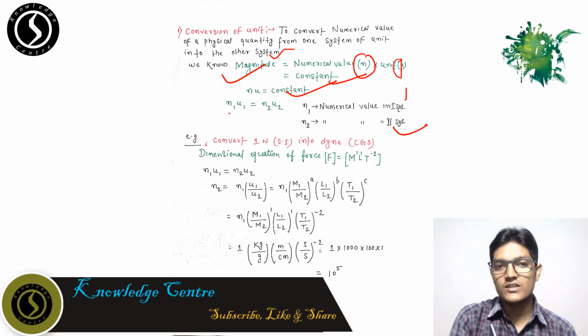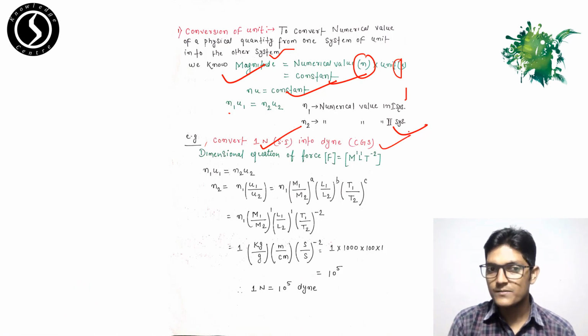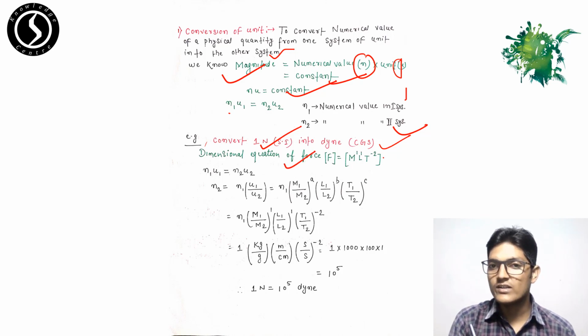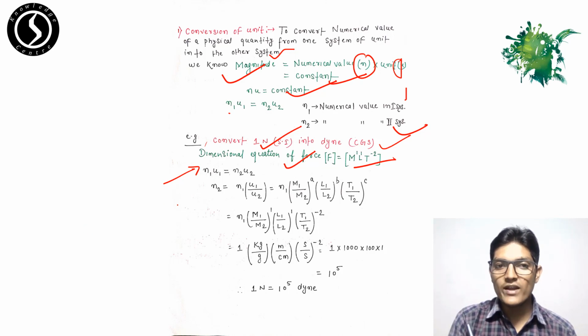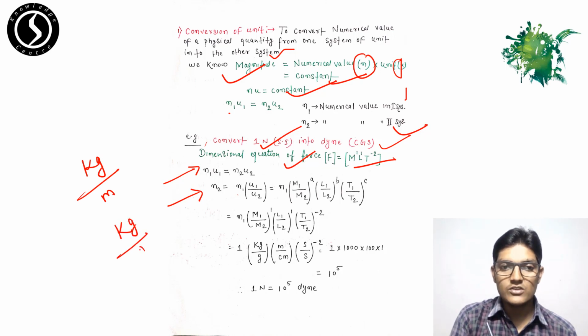So we have one example here. We have to convert 1 Newton into dyne, that is the CGS unit. First of all, we know the dimensional formula of force, that is M^1 L^1 T^-2. Now we will use the formula n1 u1 = n2 u2, and we have to find n2. So n2 will be equal to n1 u1 upon u2. We can't cancel out kilogram with meter; we can only cancel kilogram with gram, like we can convert kilogram into gram and then cancel out.